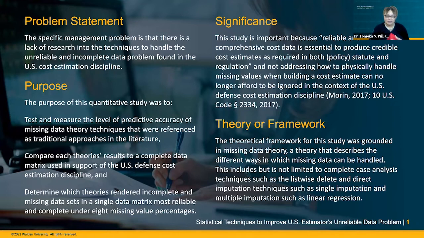But there are also some other techniques out there that are beyond the scope of the study that I did at Walden, but I've been advancing since, bringing in machine learning algorithms and seeing how well they fare at giving you complete data sets when you have values that are missing. Next slide, please.